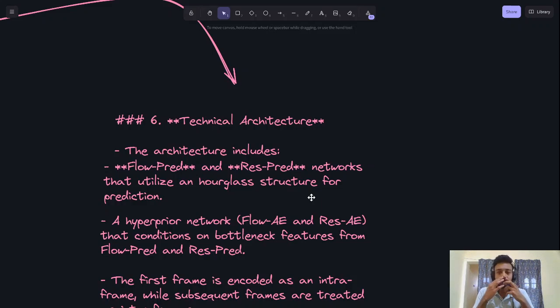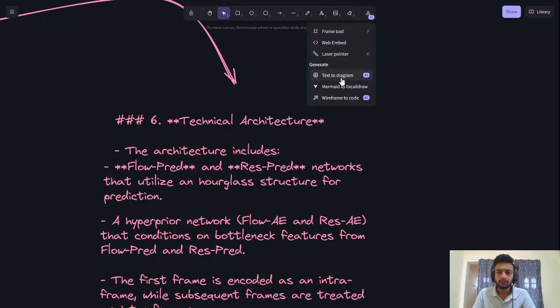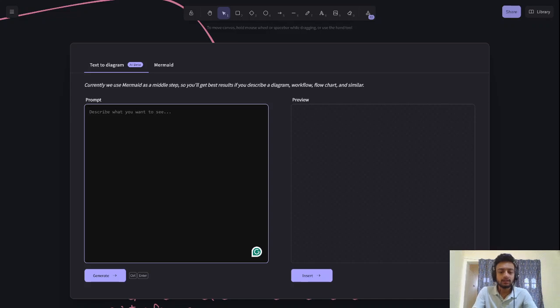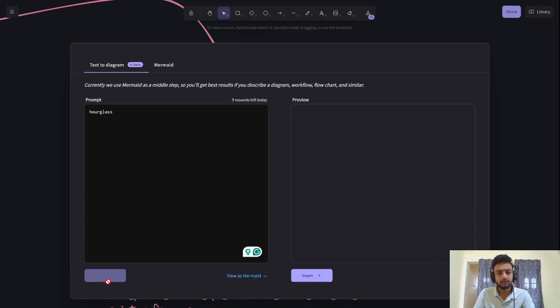So the hourglass, as you can see, what is an hourglass? We have some options for AI here also, so we'll quickly generate an hourglass. I just want to generate the hourglass, that's the thing I want to do.